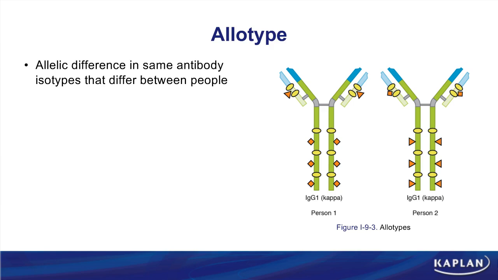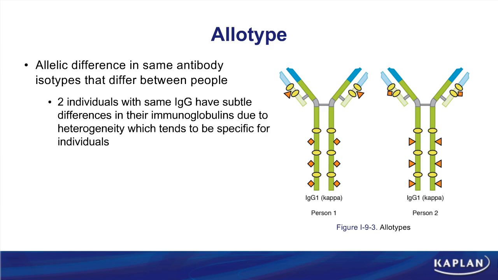And I always like to say I got one of my alleles from my ma and one from my pa. And since my parents have unique sequences, those sequences are not going to be the same as, let's say, the sequences of Dr. Moscatello. So we will have these subtleties that are going to be distinguishable between one individual and another, even though we all have the same isotypes.